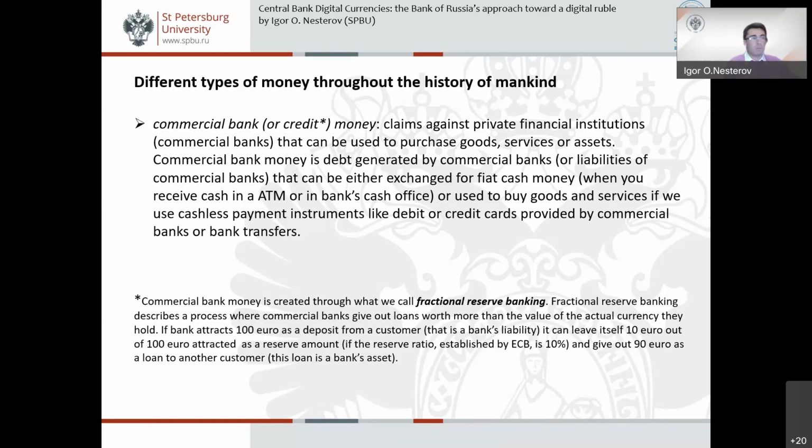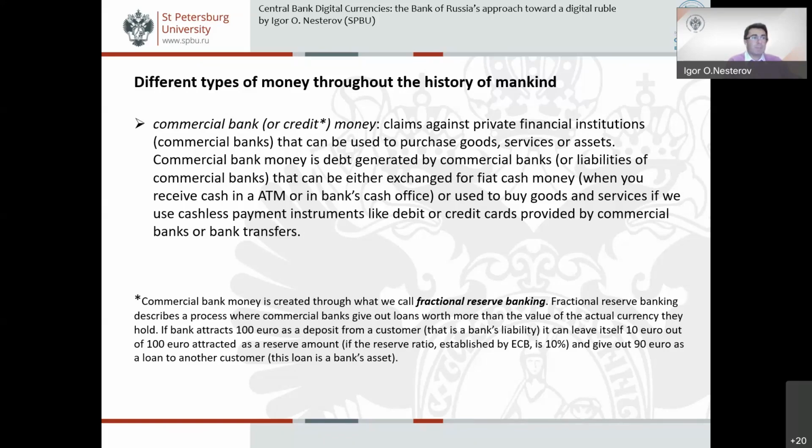So what is commercial bank money? Actually, commercial bank money can be described as claims against private financial institutions, namely commercial banks, that can be used to purchase goods, services, or assets. In other words, commercial bank money is debt generated by commercial banks.